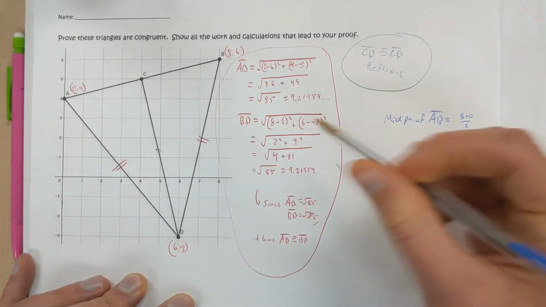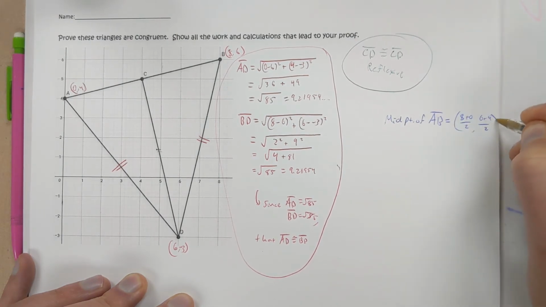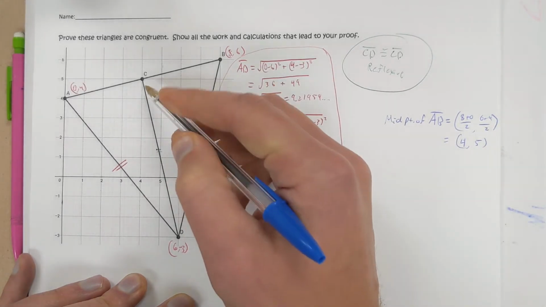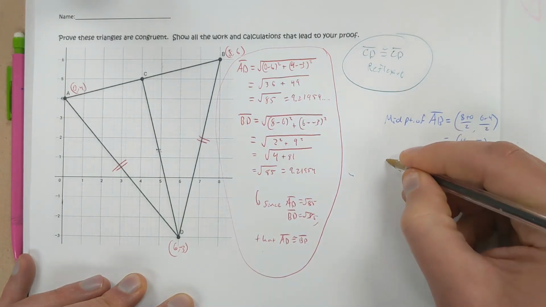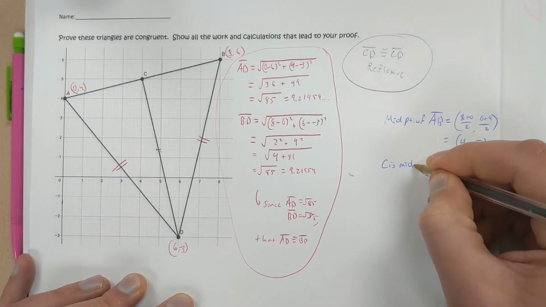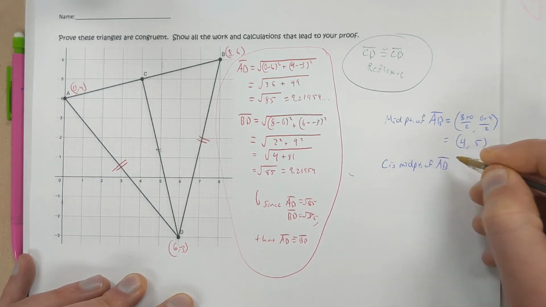Add the y's, divide by 2: 6 plus 4 divided by 2. That's going to give me 4, and that's going to give me 5. Hey, that's what C is. So C is the midpoint of AB.